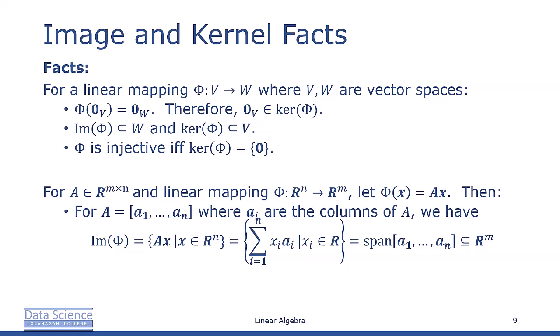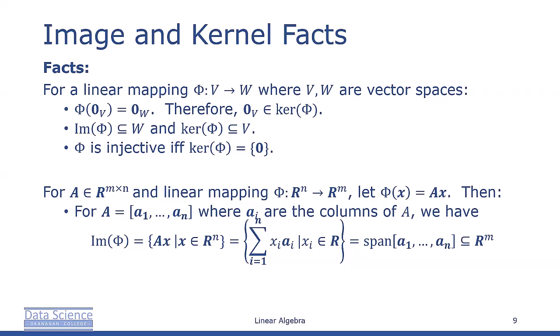The image of phi is a subset of W, and the kernel of phi is a subset of V. Phi is injective if and only if the kernel of phi is the 0 vector.